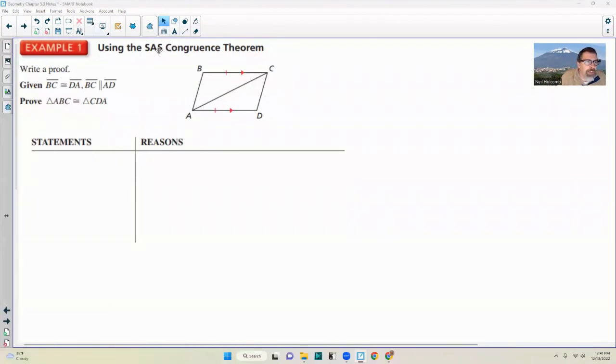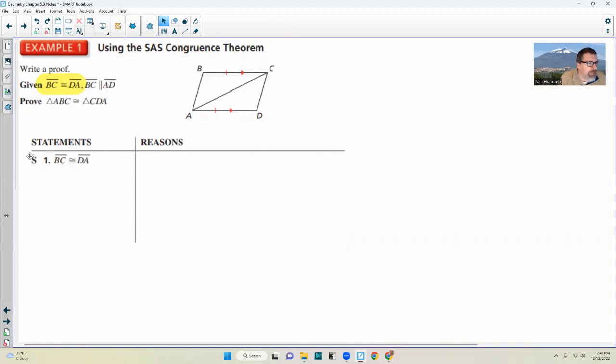Okay, so example 1 says, using the side angle side congruence theorem, write a proof. So we're given BC is congruent to DA. That's our first given, so the statement is going to be BC is congruent to DA.